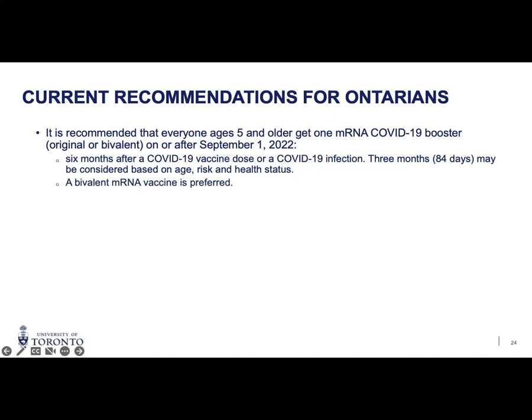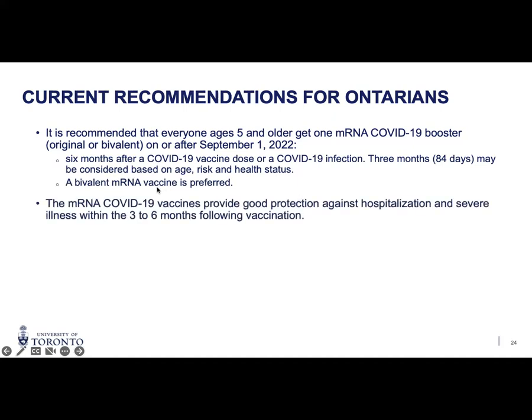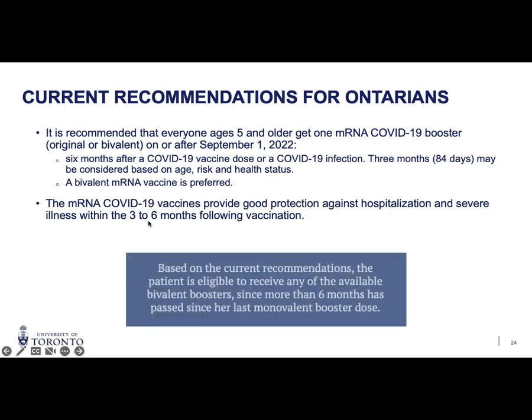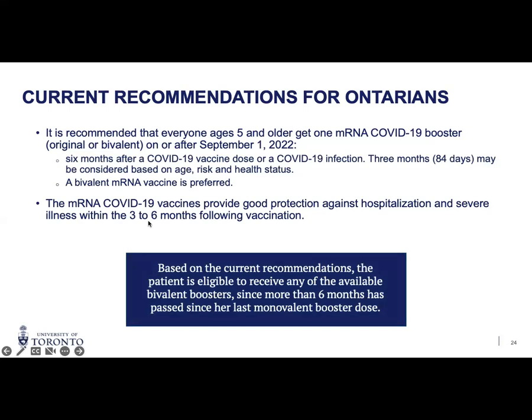A bivalent mRNA vaccine is preferred. The mRNA COVID-19 vaccines provide good protection against hospitalization and severe illnesses within 3 to 6 months following vaccination. So, based on the current recommendations, going back to the case study, the patient is eligible to receive any of the available bivalent boosters since more than 6 months has passed since her last monovalent booster dose.